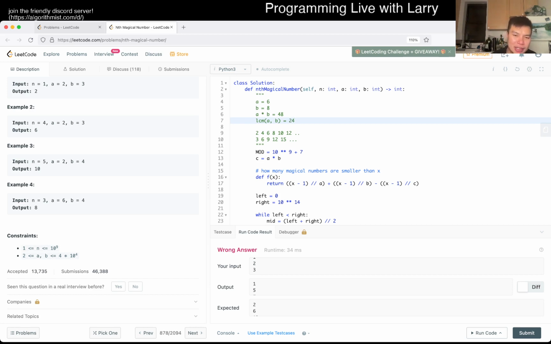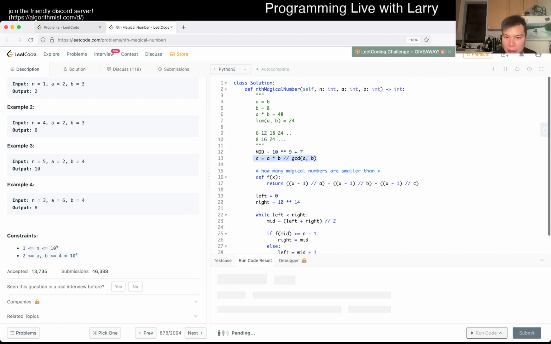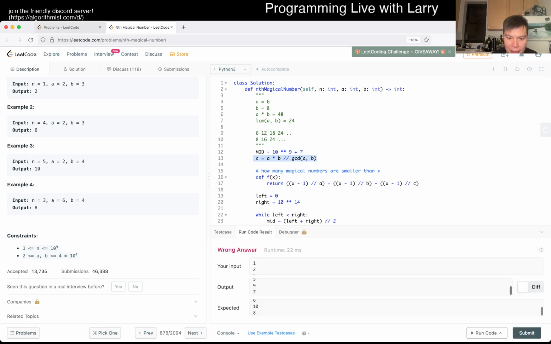So of course, we're going to undercount, because if you just list 6, 12, 18, 24, and 8, 16, 24, well, of course, 24 is a dupe, but the formula did not account for the dupe. So we just have to do this by getting the least common multiple. And then this should be good other than the off by 1, which we'll look at in a second. But we can verify that at least it's consistently off by 1.